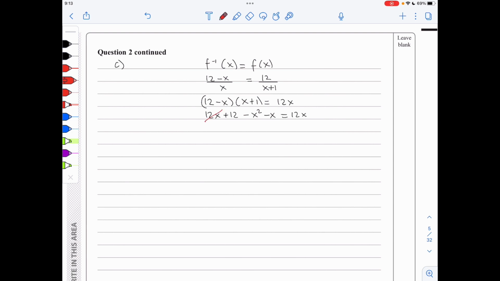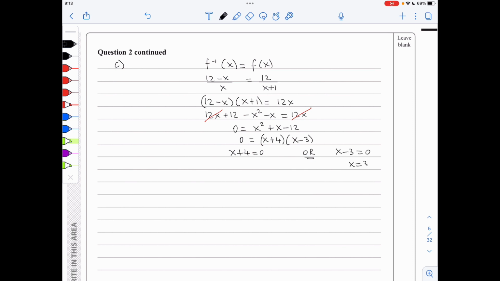The 12x simplifies. I'll collect everything on the right-hand side to get 0 is x squared plus x minus 12. I will factorize this into x plus 4, x minus 3. And we get that x plus 4 is 0 or x minus 3 is 0.